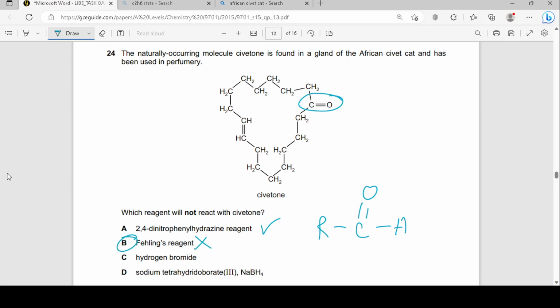Now if I look at hydrogen bromide, would it react with civetone? It would. Why? Because if you look here, civetone has this alkene bond, and since it has an alkene bond, HBr can undergo an addition reaction with civetone. Okay, so basically it does react.